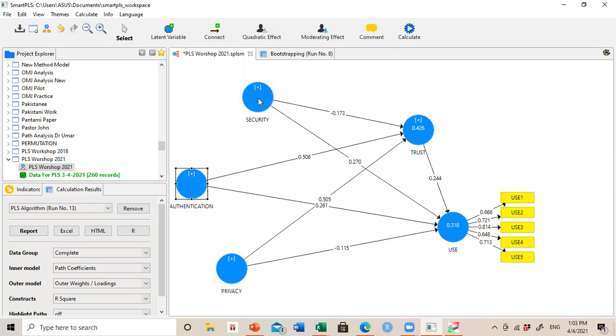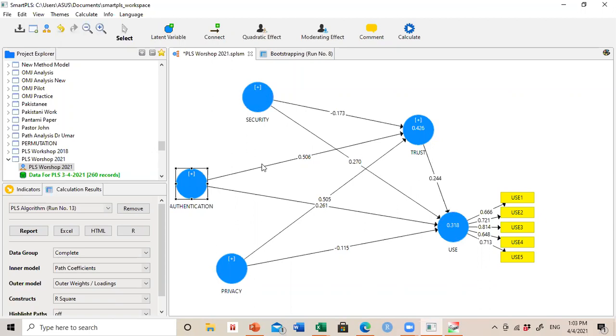The relationship between security and trust is negative, but the relationship between trust and use is positive, and the relationship between security and use is also positive. Now we multiply. Positive times negative is negative. Negative times positive is negative. In the case of security, we now say it is competitive mediation.